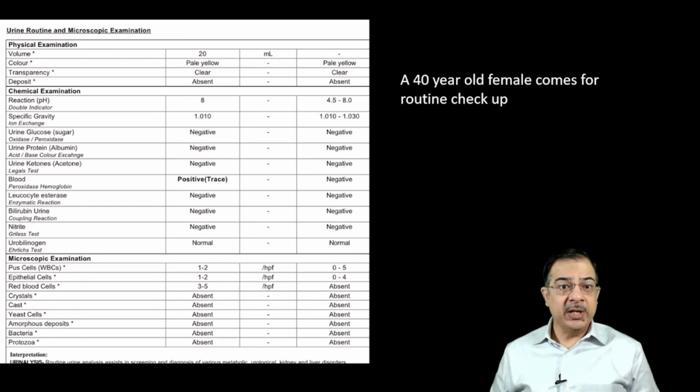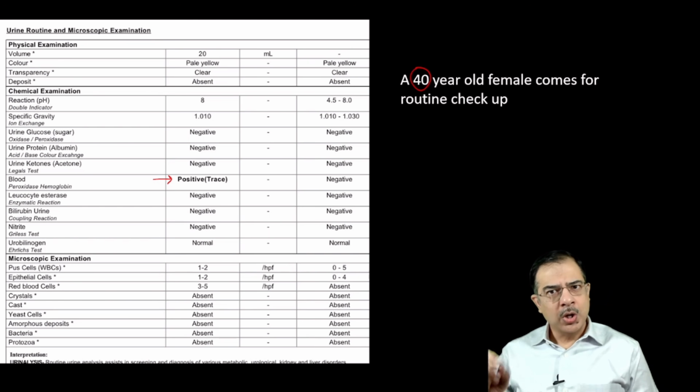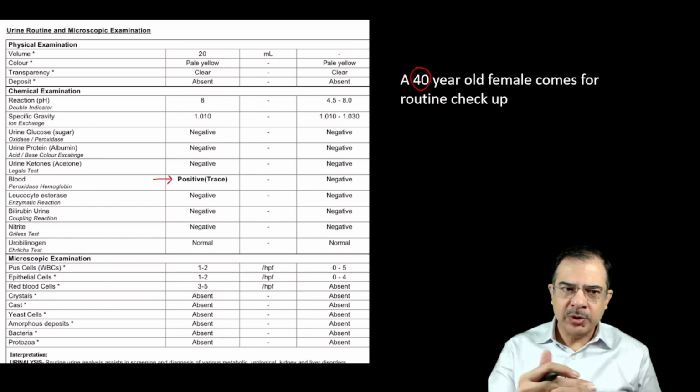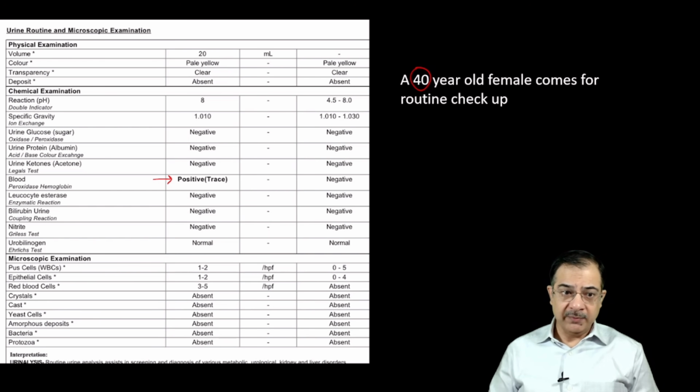A 40-year-old female for a routine checkup, and the blood was positive in our patient, and the rest of the findings were okay, so there was no issue. Whenever a patient of this age group, before the menopause, comes to you, always ask the history of menstrual bleeding. So this could be menstrual bleeding, blood can be positive, that is the first possibility.